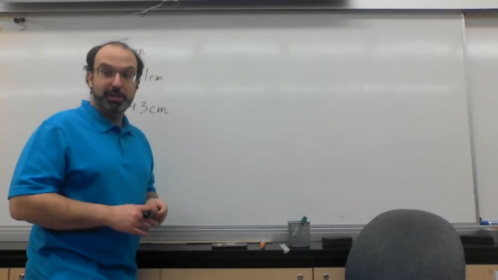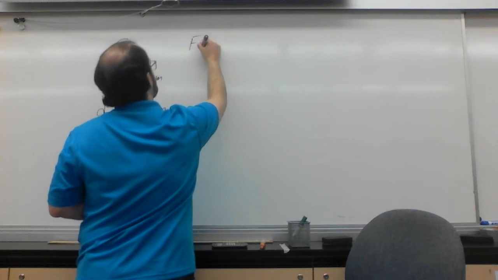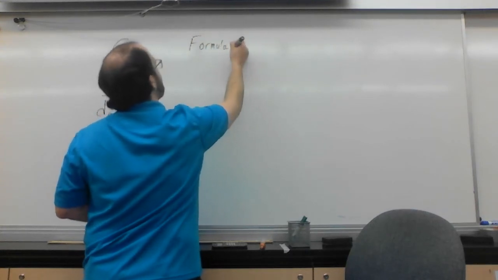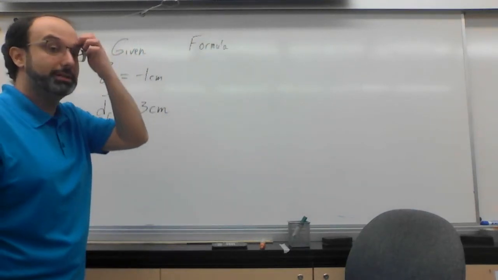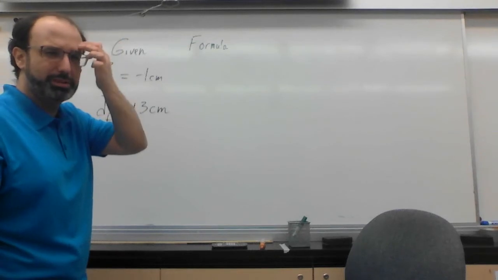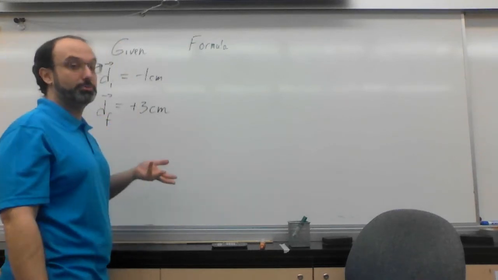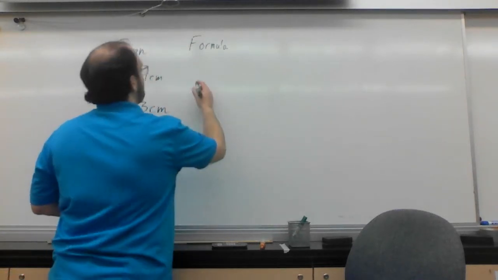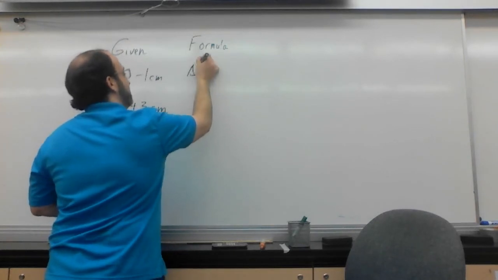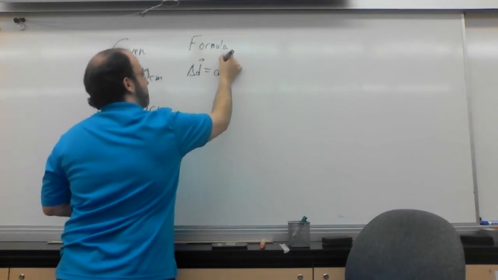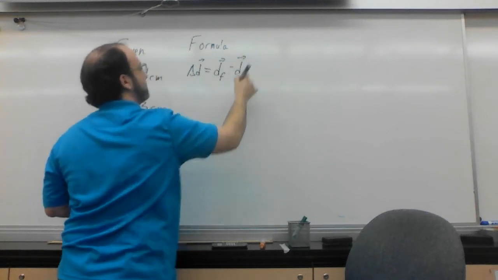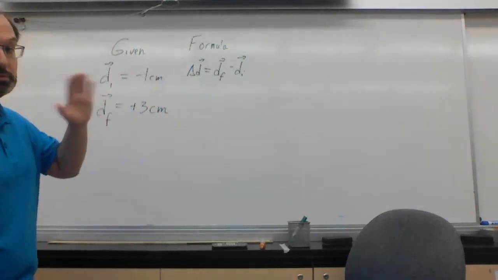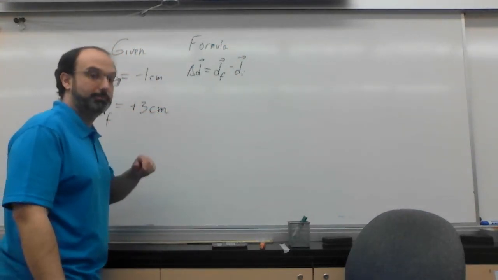So we take a look. We've got our given. Next we do our formula. Oh, remember the glory days where we only had 1 formula. Now we've got 4. Did we say 4 or did we say 5? I can't even remember. See, that's how many formulas we have. So delta d equals d_f minus d_i. Don't forget your arrows. You do need them. They do tell you important things, right? This tells you it's a vector.